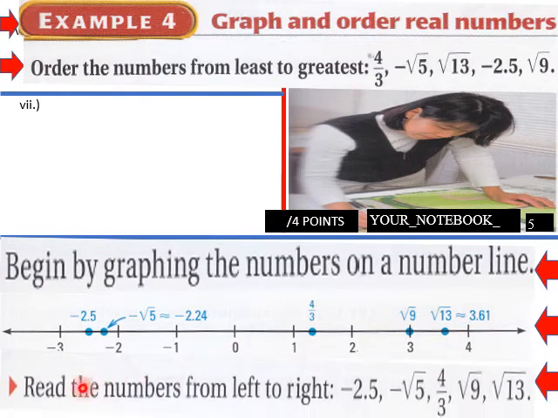Read the numbers from left to right: negative 2.5, negative square root of 5, 4/3, square root of 9, and then square root of 13. Those are the numbers from least to greatest.